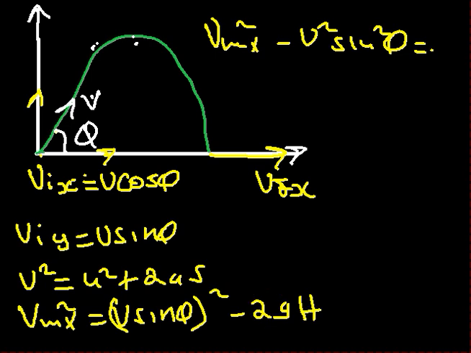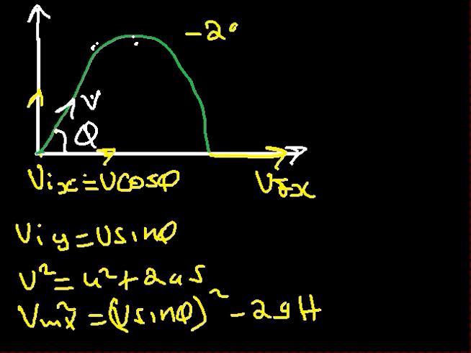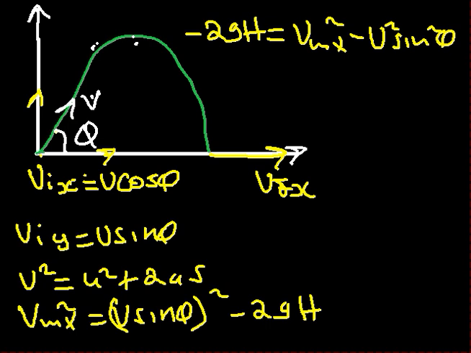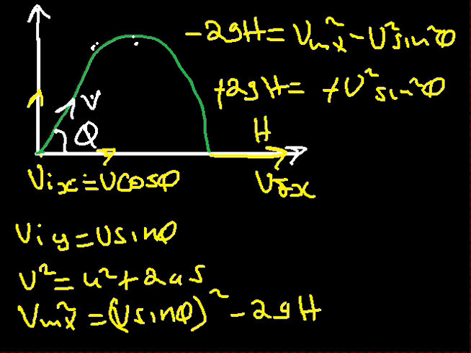So negative 2gh is equal to Vmax squared minus v squared sine squared theta. Since Vmax is zero, we'll have negative 2gh given as negative v squared sine squared theta. The negatives cancel, and we have the maximum height given as v squared sine squared theta divided by 2g.